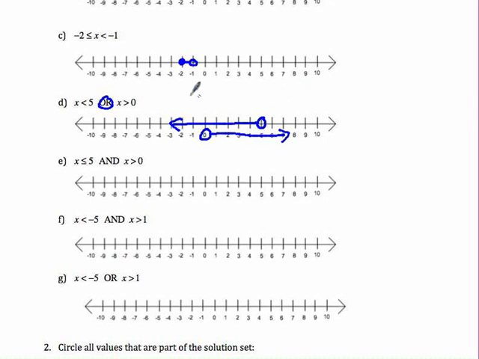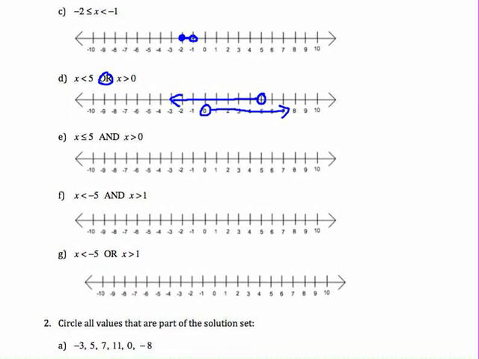And so technically, even though for instance the number 0 is not included in the right hand side compound inequality, it is included in the left hand side, and so ultimately what results in question 1D is that x is an element of all real numbers. It can actually be anything.